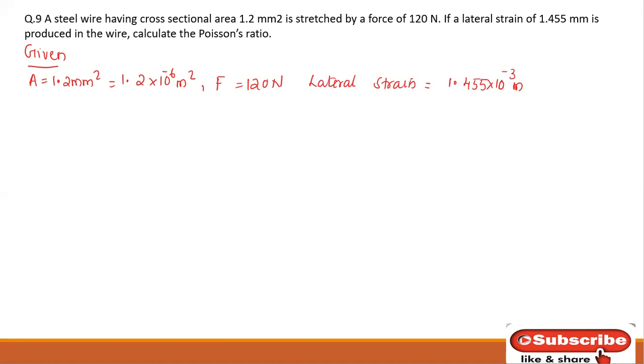And then we want to find out the Poisson's ratio. Young's modulus of the material of the wire is Y is equal to 2 into 10 raised to 11 Newton per meter square. We want to find out Poisson's ratio, sigma.